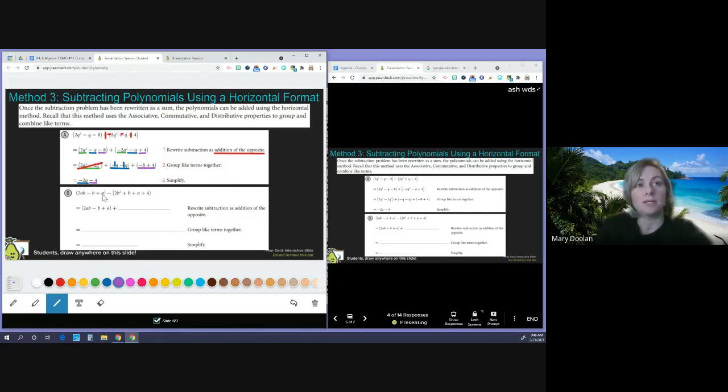2ab minus b plus a is the first polynomial. The second polynomial that we're subtracting is 2b squared plus b plus a plus 4. We're going to go through the same steps. Rewrite the subtraction as addition of the opposite. Drop a line, change the sign. So this becomes plus, this becomes minus, this becomes minus, this becomes minus, this becomes minus.